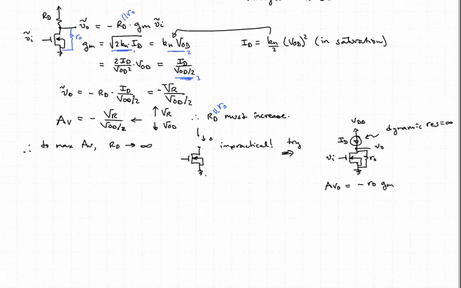Now, we can take this a little further, and we can write that Avo is ro times ID over VOD over 2. But now we note that ro times ID is something that we've seen before.